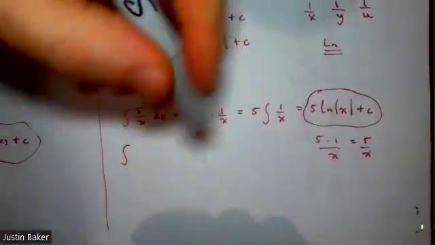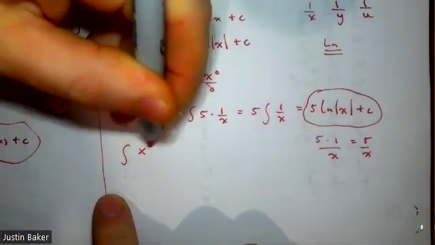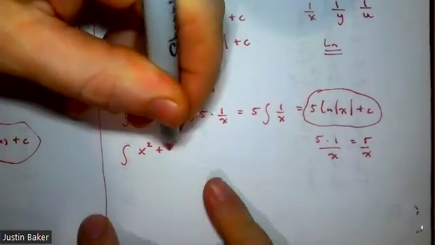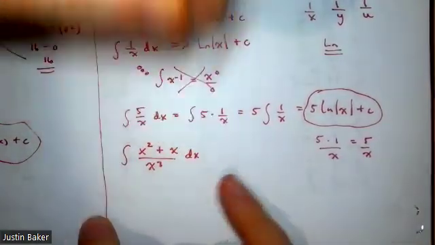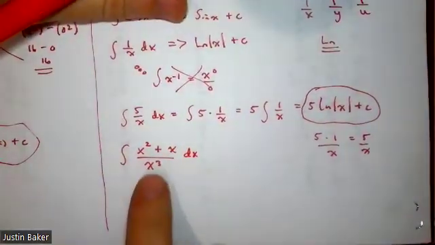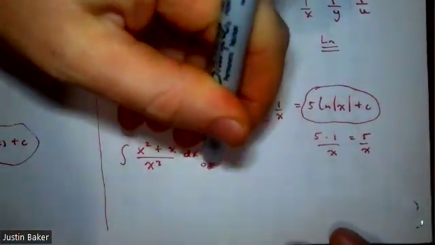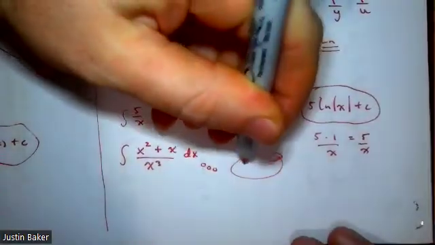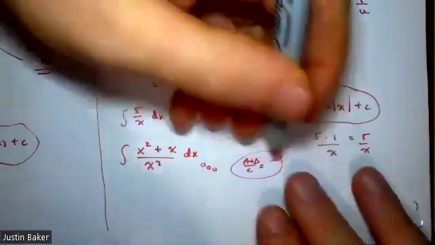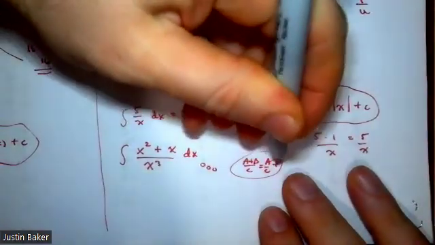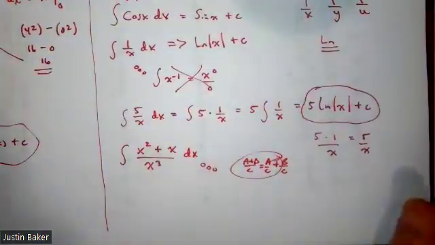Okay, how about if we have a term on the bottom, but it looks something like this? If we said x squared plus x over x to the third. If it's just a singular term on the bottom, this is the one where I said your thought bubble process should be a plus b over c is really equal to a over c plus b over c, and you can take these and rip them apart.